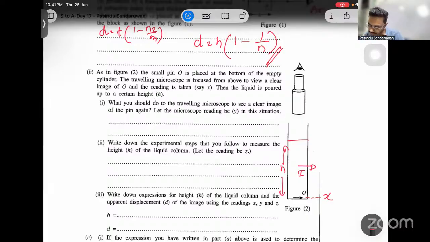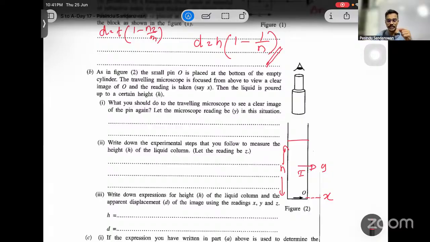First one, what should you do for the traveling microscope to see a clear image of the pin again? Let the microscope reading be Y in that case. Then what we have to do is move the traveling microscope upwards until a clear image of the pin is seen again.